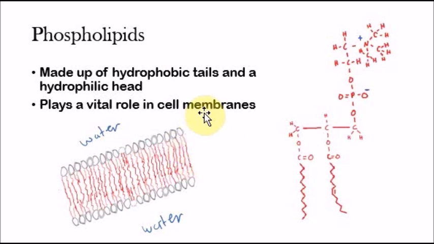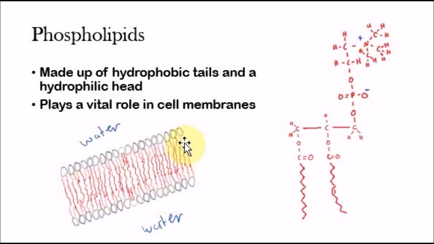So if you look here, every single circle represents a phospholipid, and the circle is the hydrophilic head, and these red lines are the hydrophobic tails. What happens is these phospholipids will congregate like this.